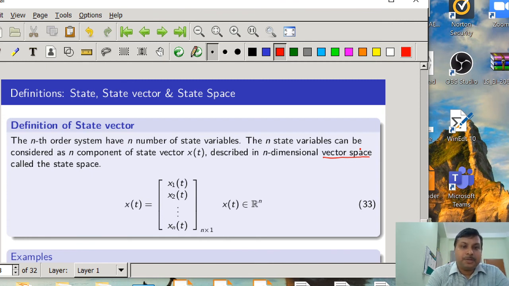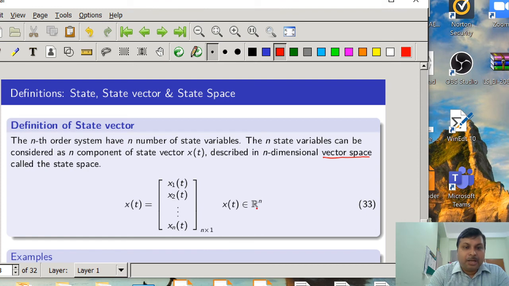Now you see how we will write this mathematically. x(t) is the state vector whose dimension is n cross 1. So x(t) is the vector having n components x1(t), x2(t), ..., xn(t). That's why its dimension is n cross 1, and all these are real, so the symbol we write is x(t) belongs to R^n.